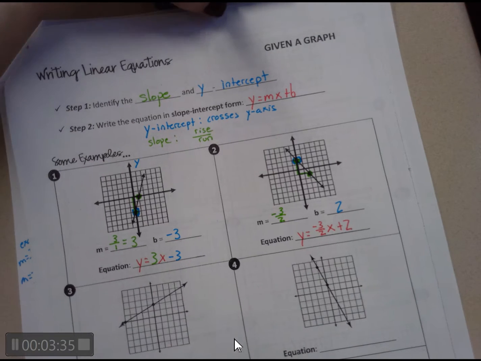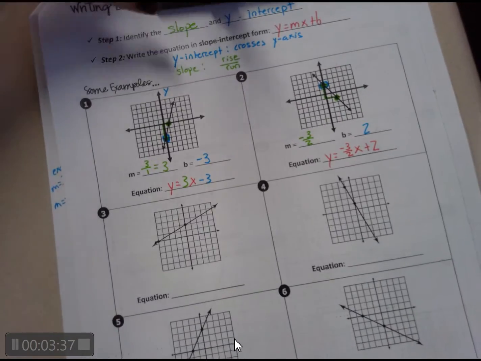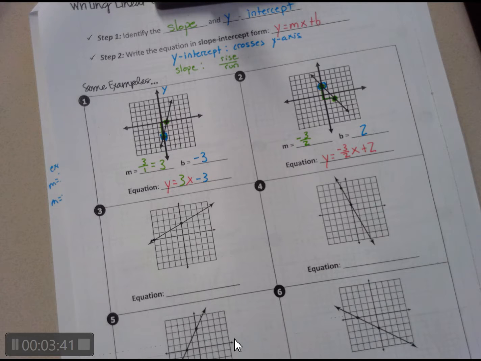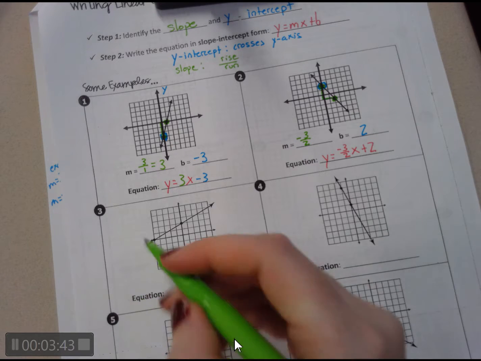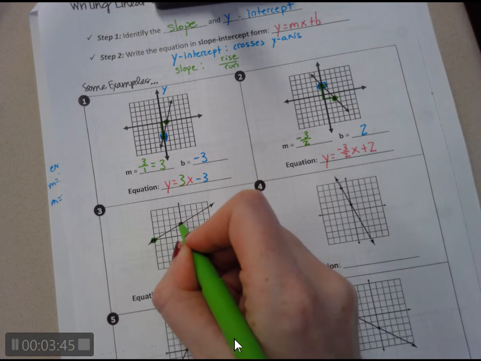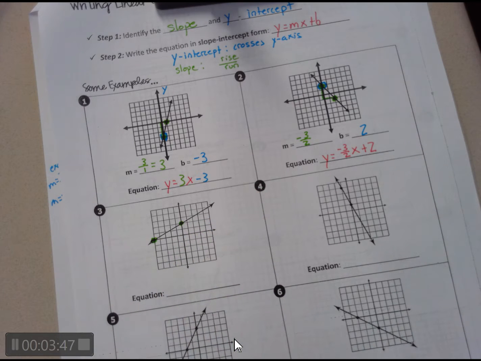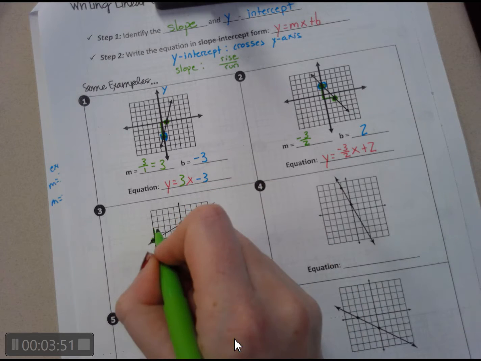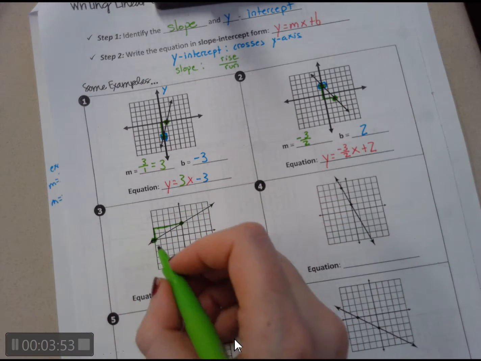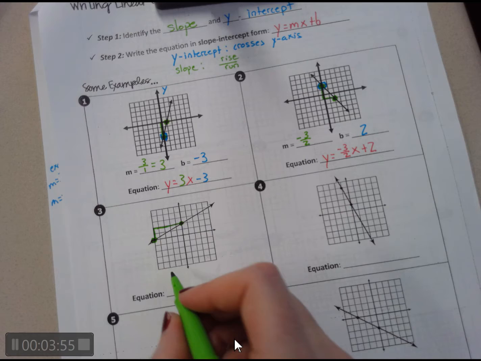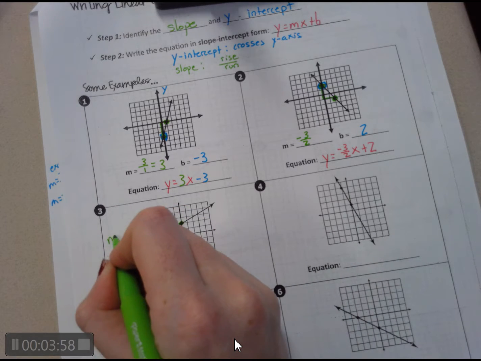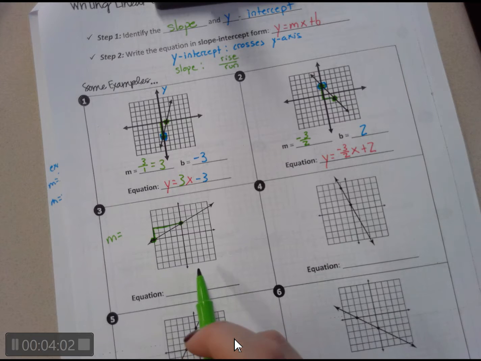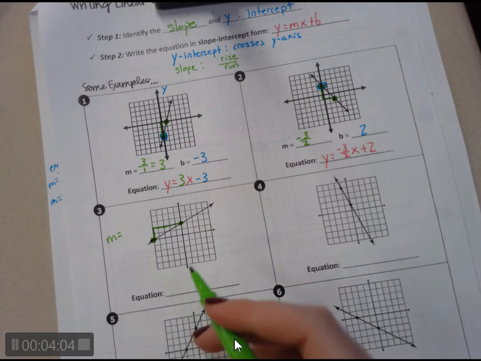Okay, one more. And then you guys will do the rest, okay? Alrighty. So we have a point here and a point here. Our slope is positive, so I'm going to go up and to the right. So I'm going up 2. And if you notice, this time it doesn't give us our m and our b, so we can just write it off to the side.